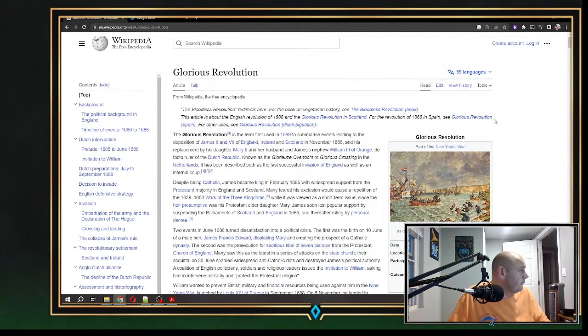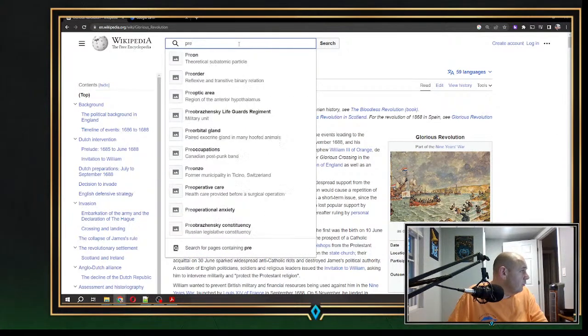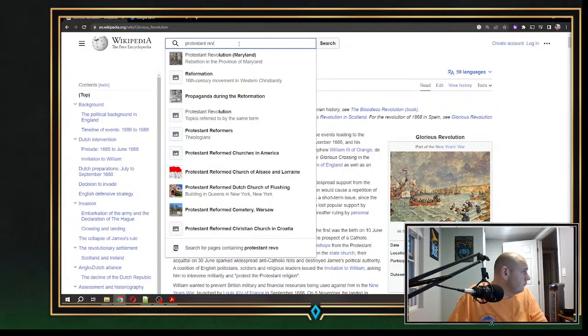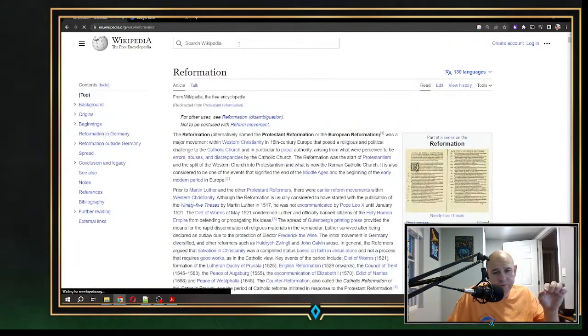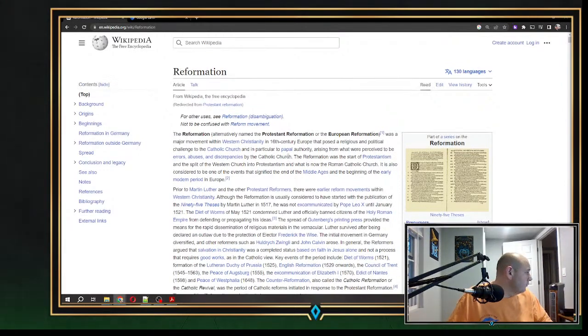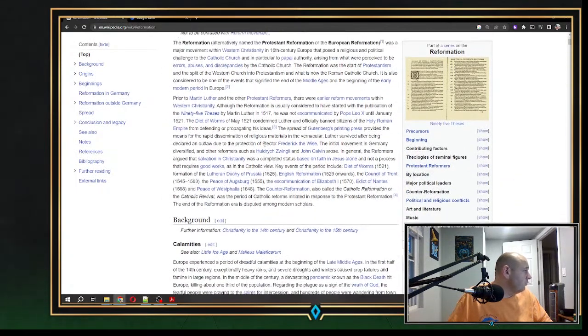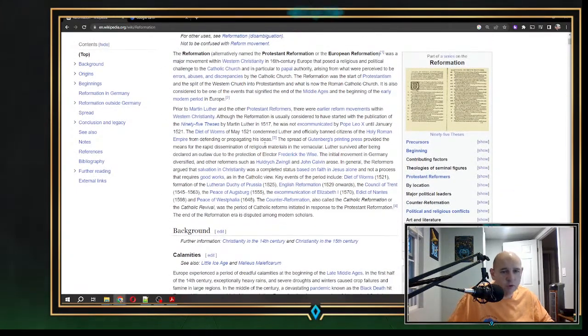This really stems from the Protestant Reformation, which is a feature of the exam. Now, keep in mind, the test starts in 1750. So this is context information, okay? This is before 1750, so if it comes up in any respect, it's going to be as background. The Protestant Reformation really began in the early 1500s.